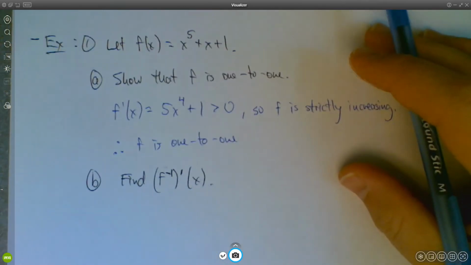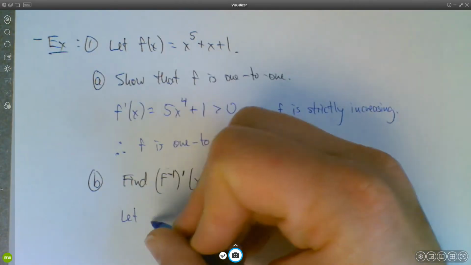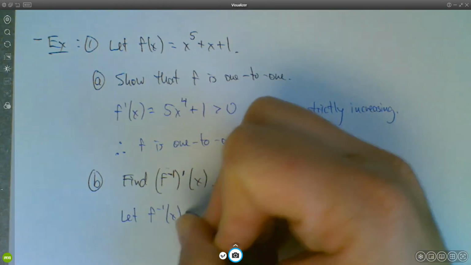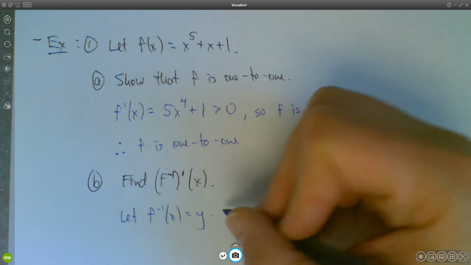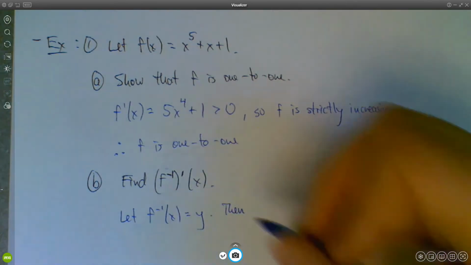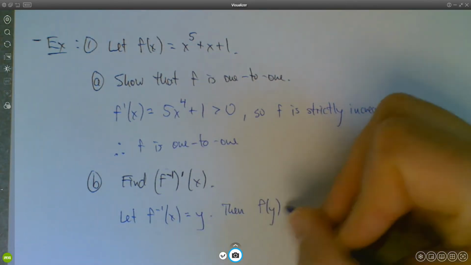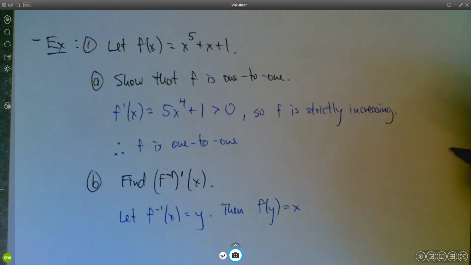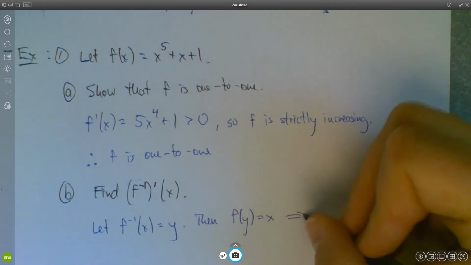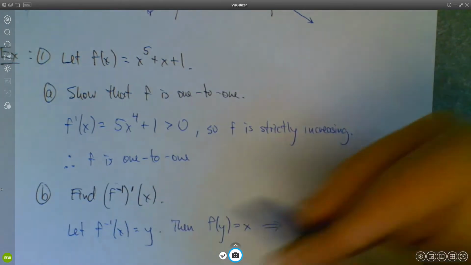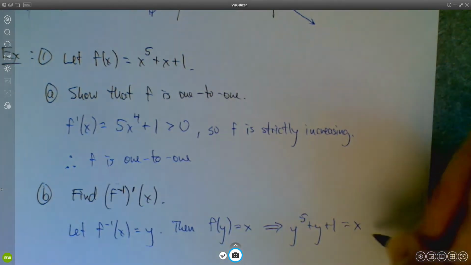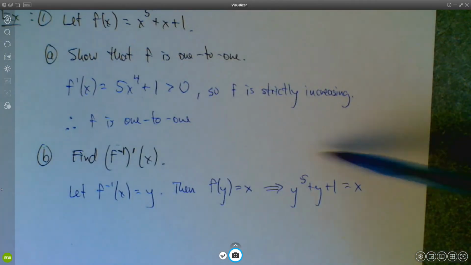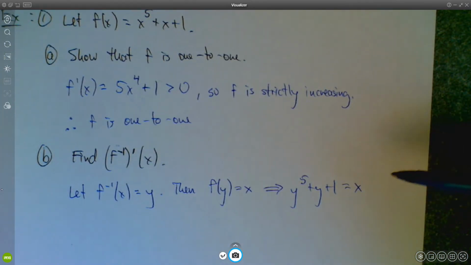We can say let f inverse of x equal y, and then that implies that f of y equals x, right? Or in other words, f of y, which is y to the 5th plus y plus 1, equals x. And now we can differentiate this thing implicitly with respect to x, of course.